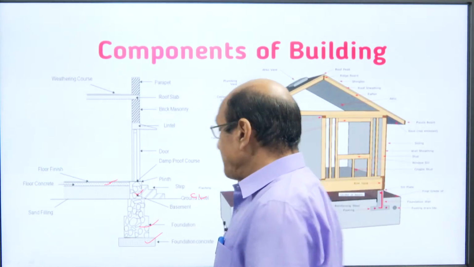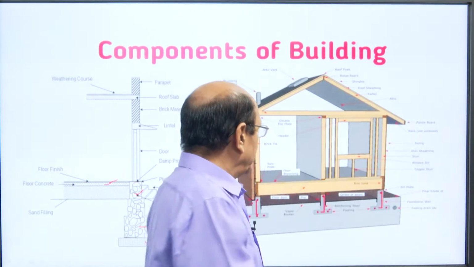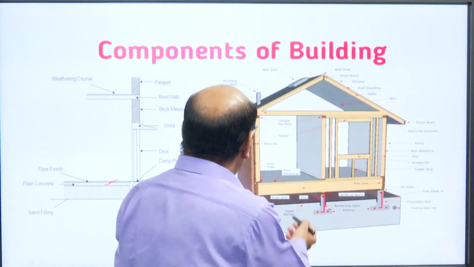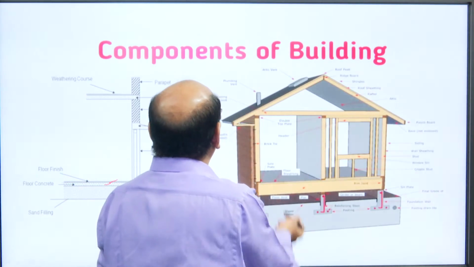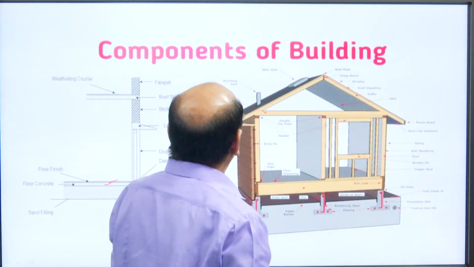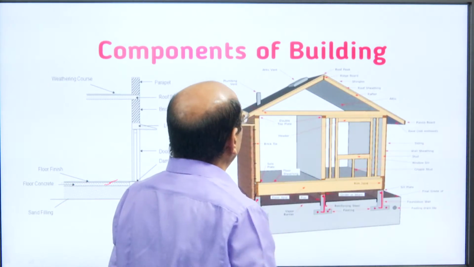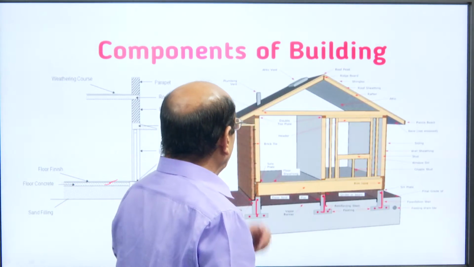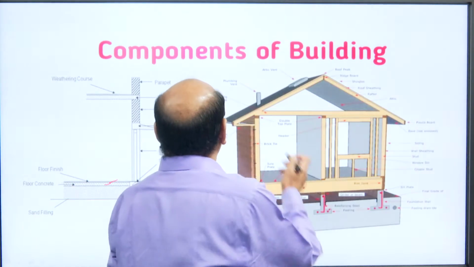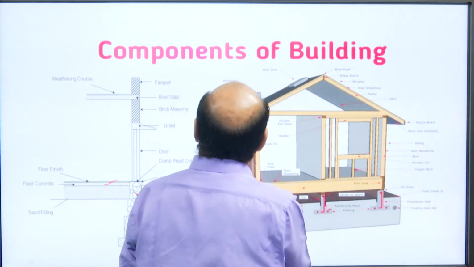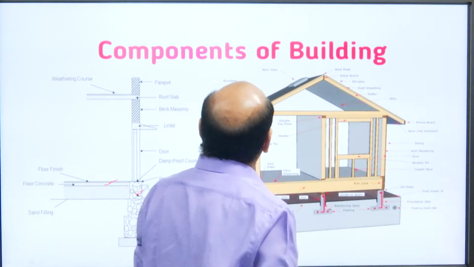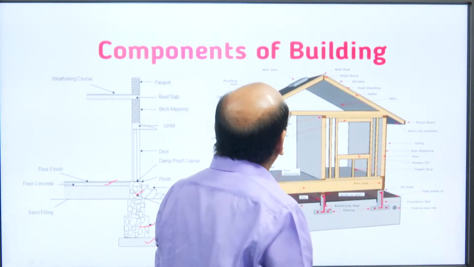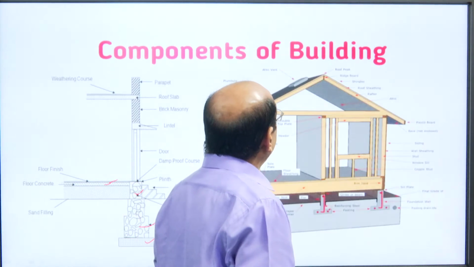This is a type of house where the house has different parts. This is an arch type of structure. Here are the ceiling joists, plumbing vents, roof parts.